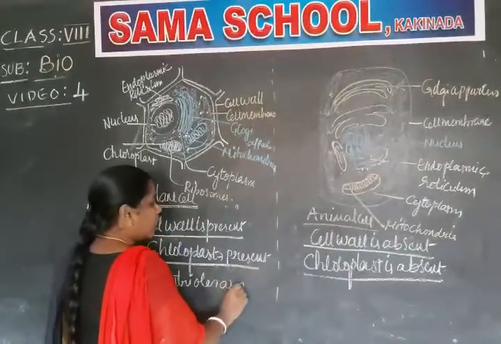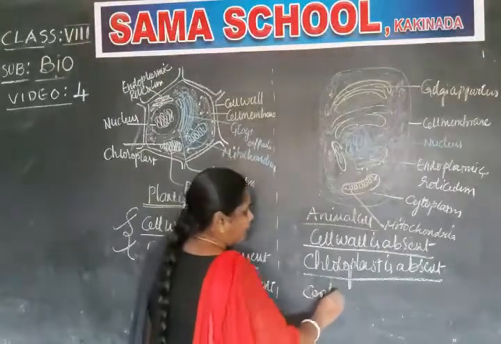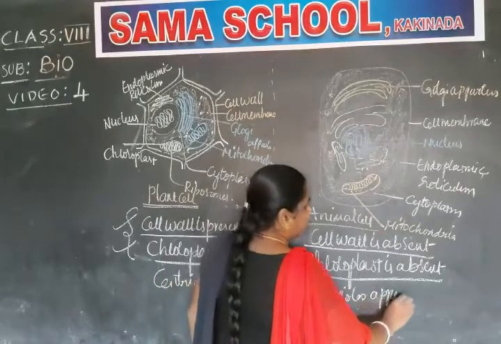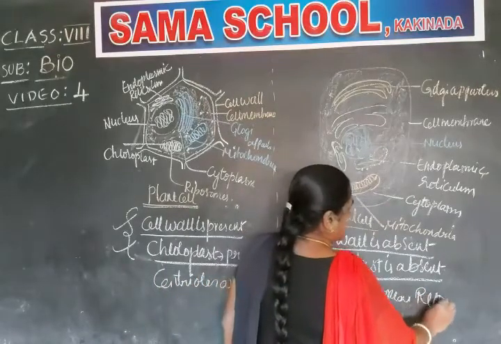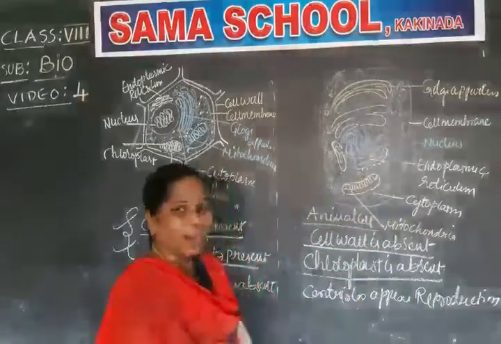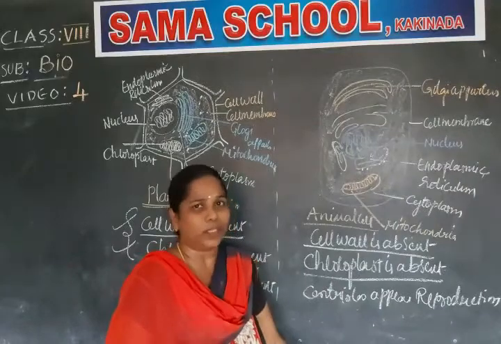Here they are present; these centrioles will appear at the time of reproduction. It is an extra point which I have given, which is not used for your level, but it is definitely used in your 9th class. If you know before, it is no problem.